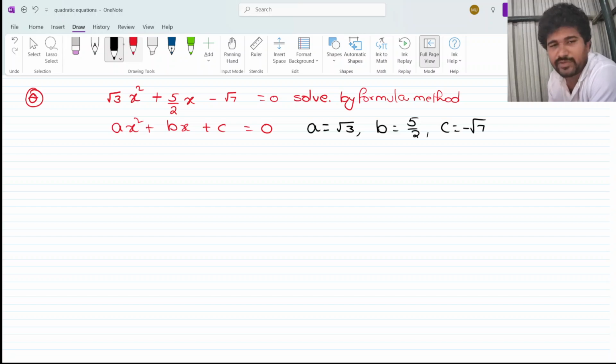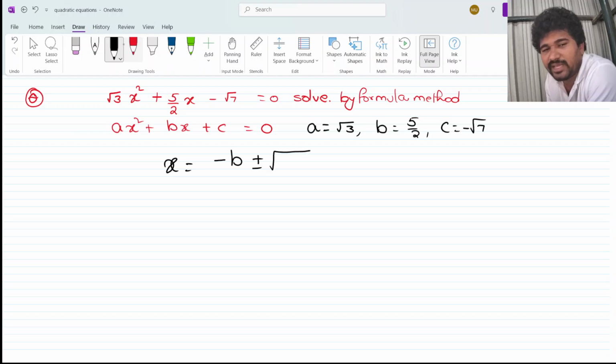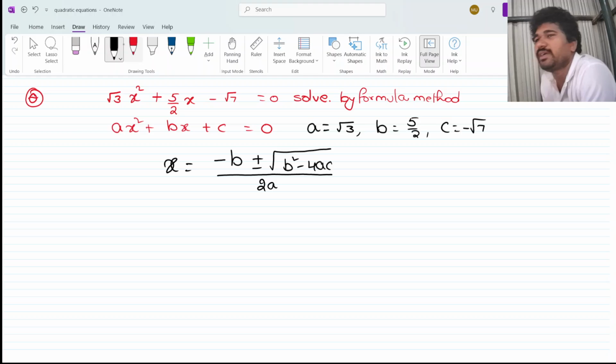So from here, what is the formula we have? x is equal to minus b plus or minus root of b square minus 4ac, whole divided by 2a.